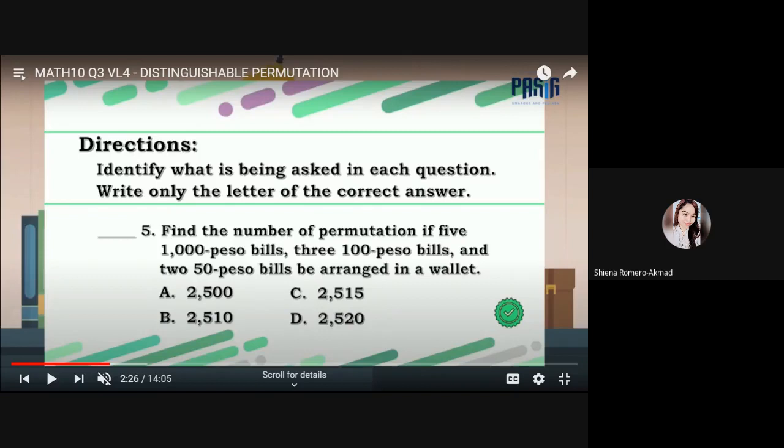Magkakamukha sila. You cannot distinguish between the two balls dahil pareho lang naman sila ng klase ng bola. While here in peso bill, magkakamukha sila in a way na yung itsura, pare-pareho. Pero remember that in the peso bill, we have serial numbers, and pwede mong gamitin yon as their identity, pagkakakilanlan nung bill na to than the other bill. So, hindi na natin sasagutan yung 5.